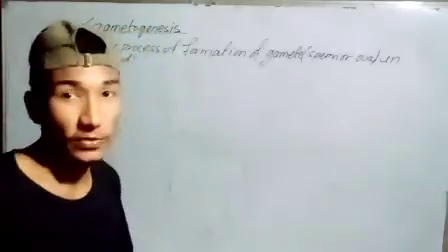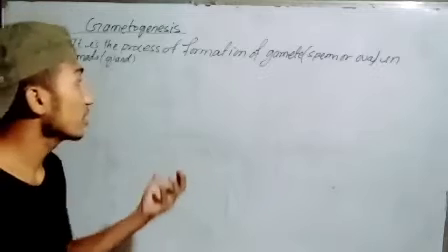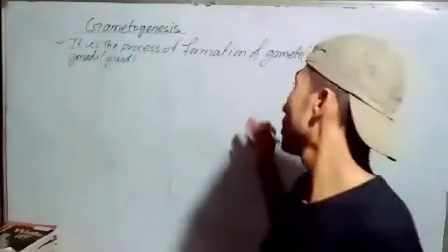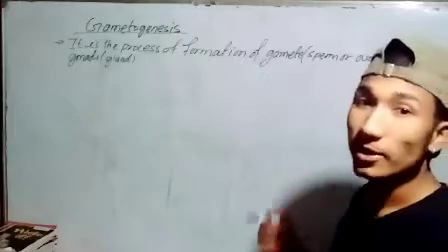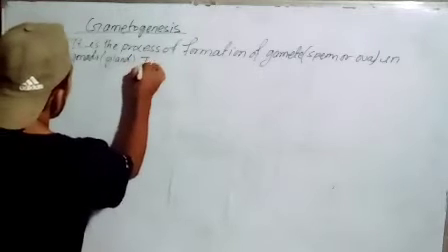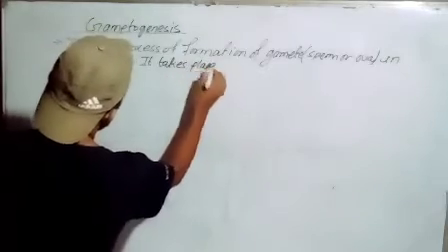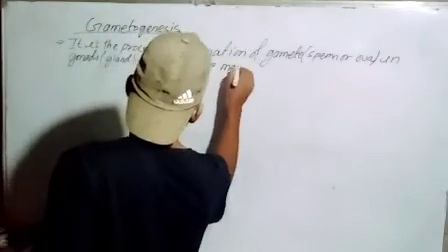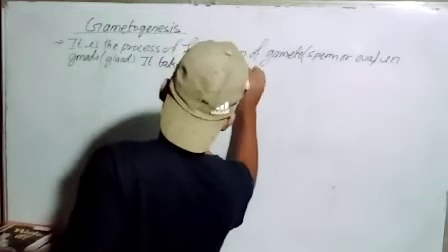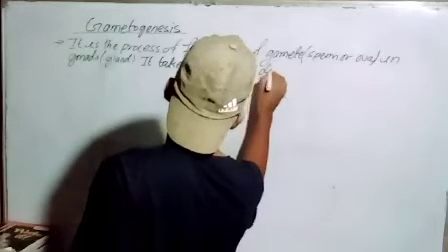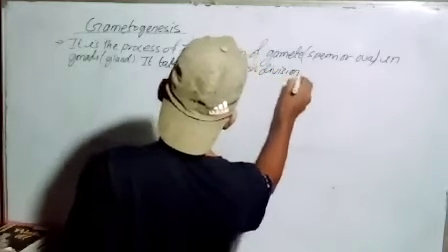In the gametogenesis process we will discuss the formation of sperm and the formation of ova, in male and female. The gametogenesis process takes place by meiosis division.